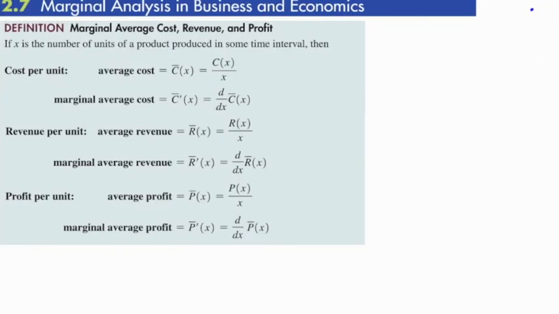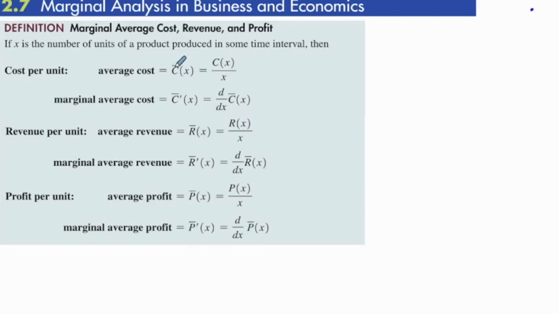So the next topic in 2.7 is working with average cost and average marginal cost, and the same for revenue and profit. And we begin by defining: if x is the number of units of a product being produced over some time interval, and we already know the cost function C of x, well, if we divide the cost by the number of units x, that gives us average cost.